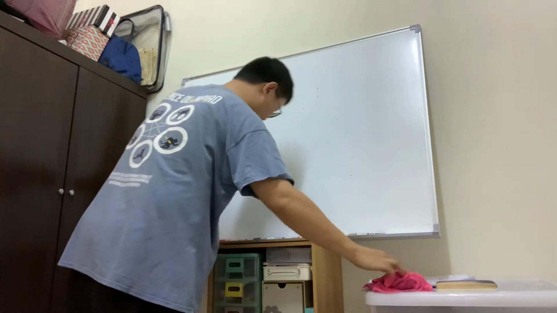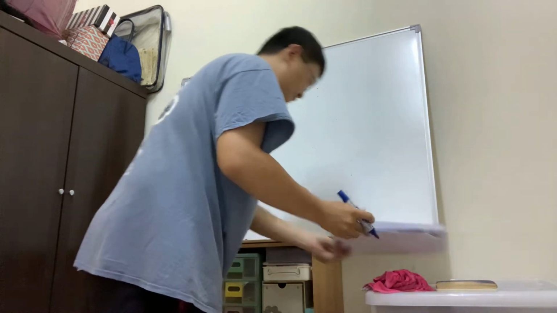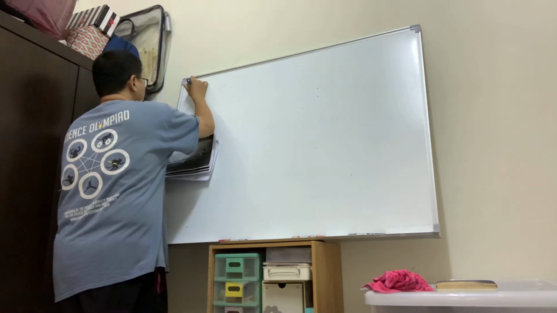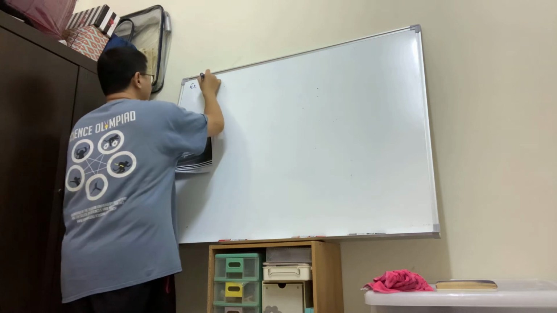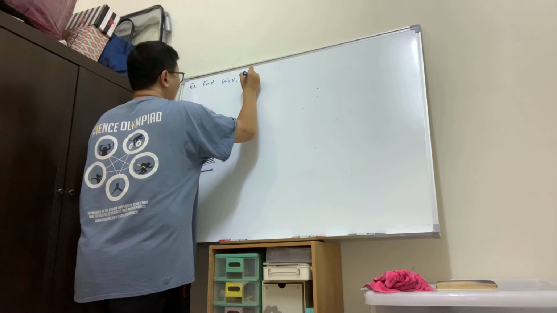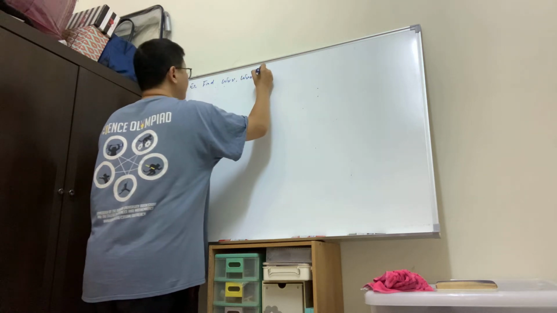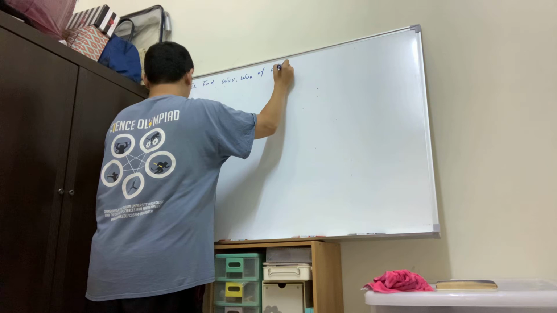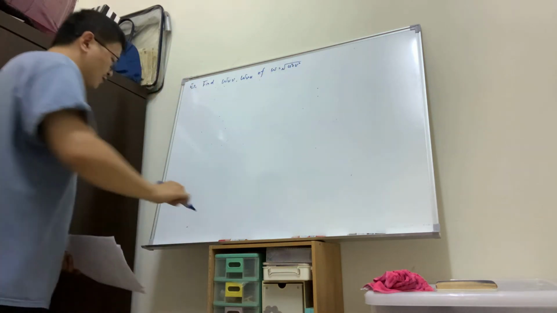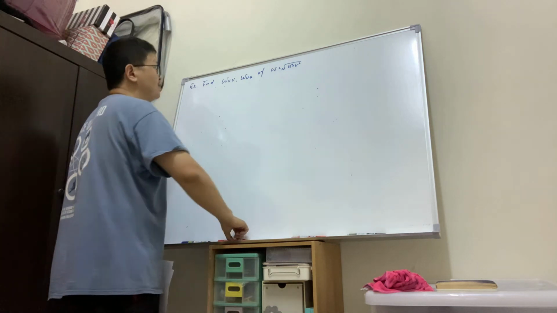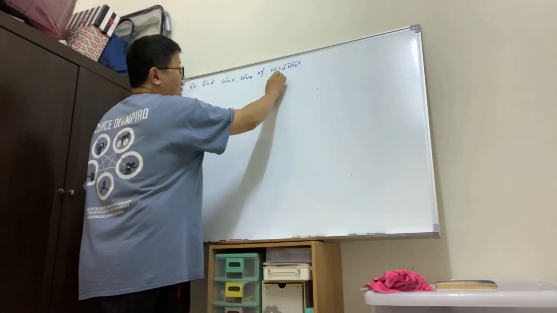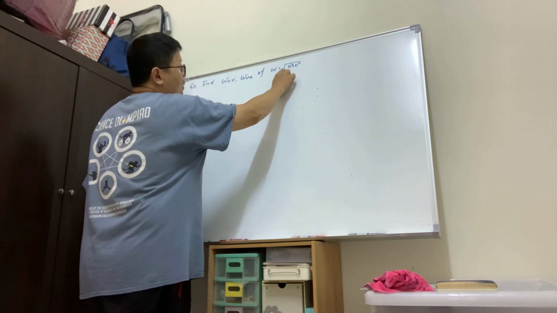Okay, let's see one more example. If the function w is the square root of u squared plus v squared, you will see w is a function of two variables, u and v.